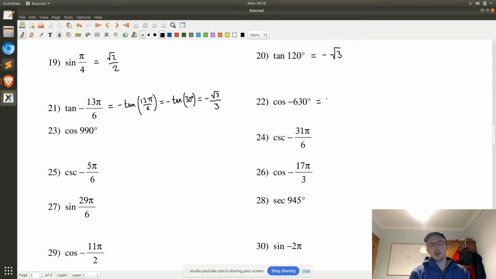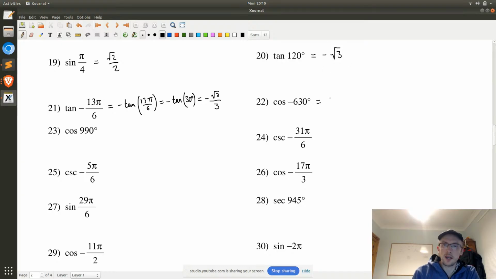Cosine of 630 degrees. Well, 630 degrees, that's 270 degrees. So it's the negative.